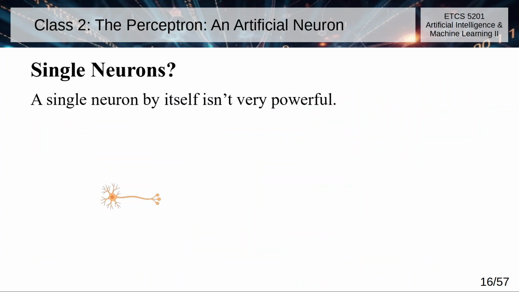Now, that single neuron by itself we might think of as not particularly powerful, because all it's doing is adding up the inputs after we weight them, adding a bias, and then running it through an activation function that gives us an output value. So very simple.